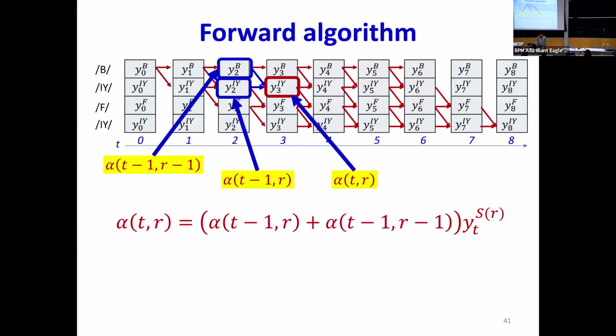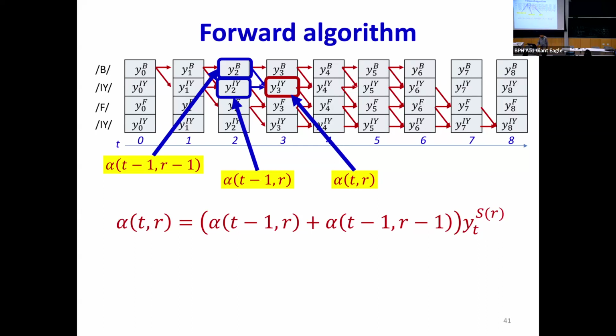I can pull out the common term. So alpha t,r is the sum of alpha t minus 1, r, which is the alpha here, and alpha t minus 1, r minus 1, which is the alpha here, the whole thing multiplied by the node probability, which is y t, symbol s i. That's just the notation, but it's basically stating in symbols what we just said.